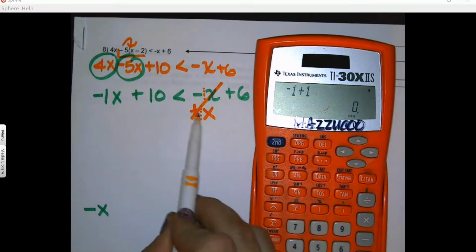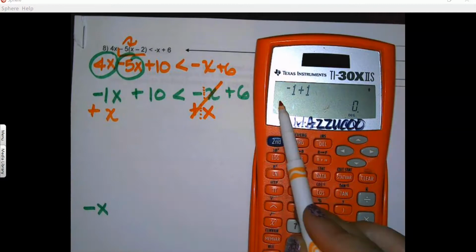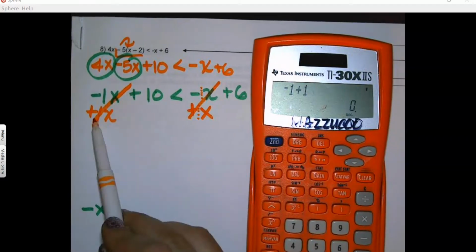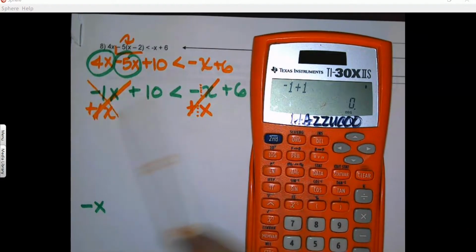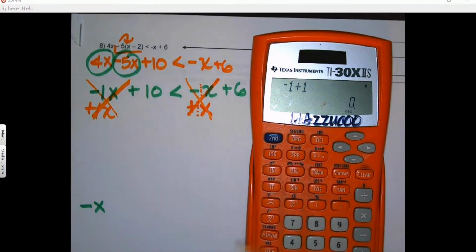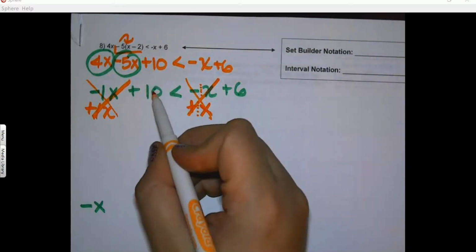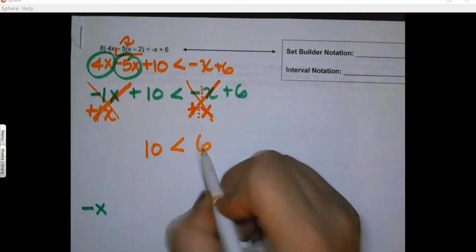Now if I add x here, I have to add x here. But -1 plus 1, this is gone too. So there's no x in this problem. They both went away. So when that happens, you're going to bring down the rest of the problem. So here we have a 10, bring down the inequality and the 6.